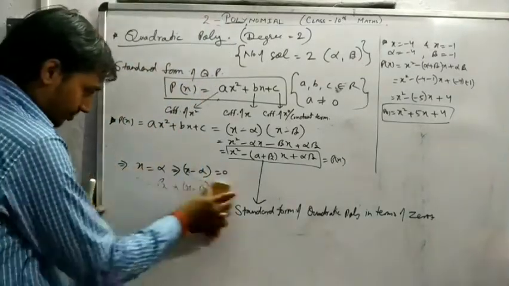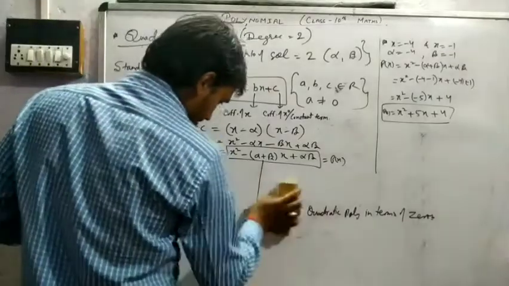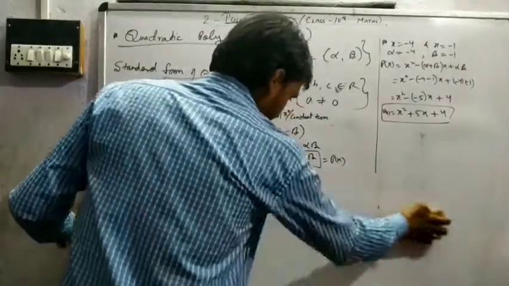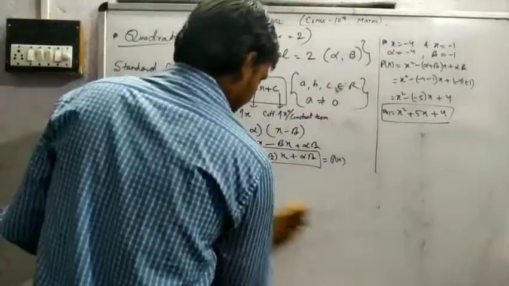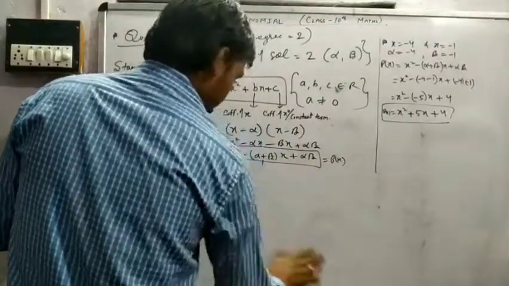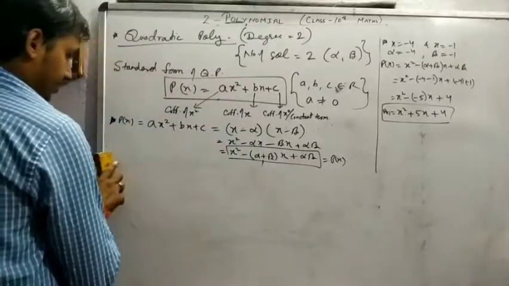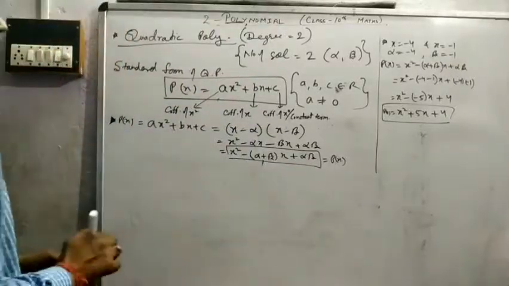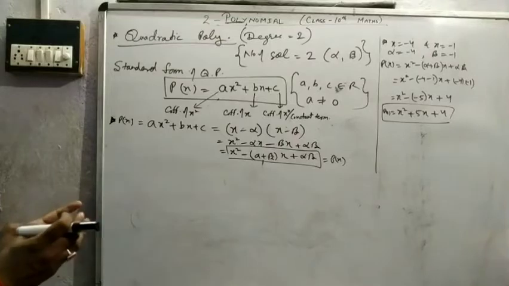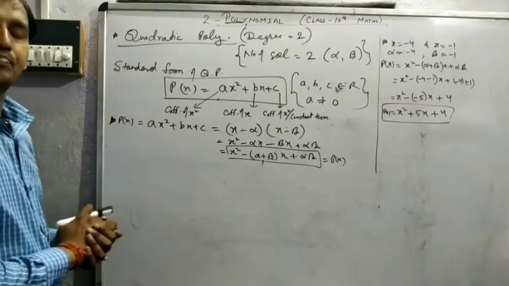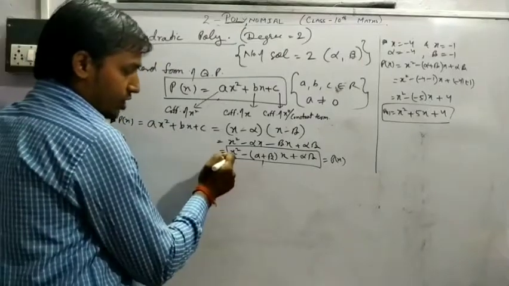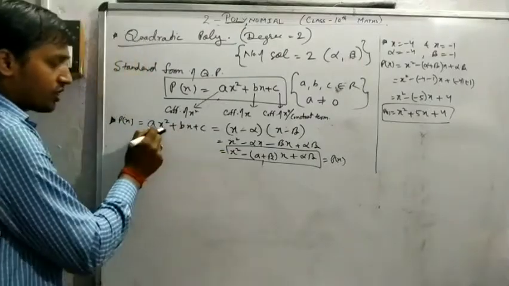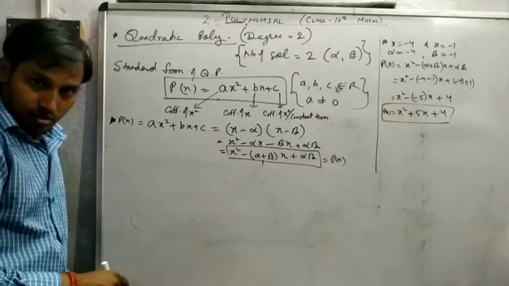So next, if I say... so that if we compare them, let's see here the coefficient of x square is 1, but here the coefficient of x square is a.